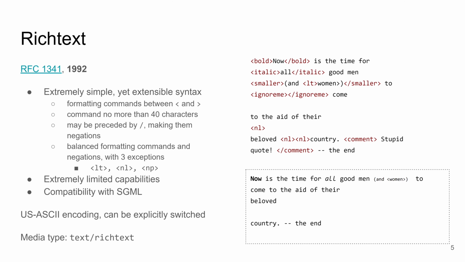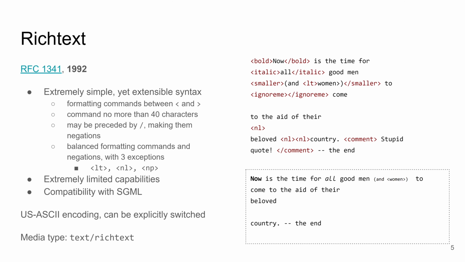It also treats new lines as regular white space. Only the NL command really says that there needs to be a new line, which is sometimes called a hard new line. So this is simple and limited rich text.